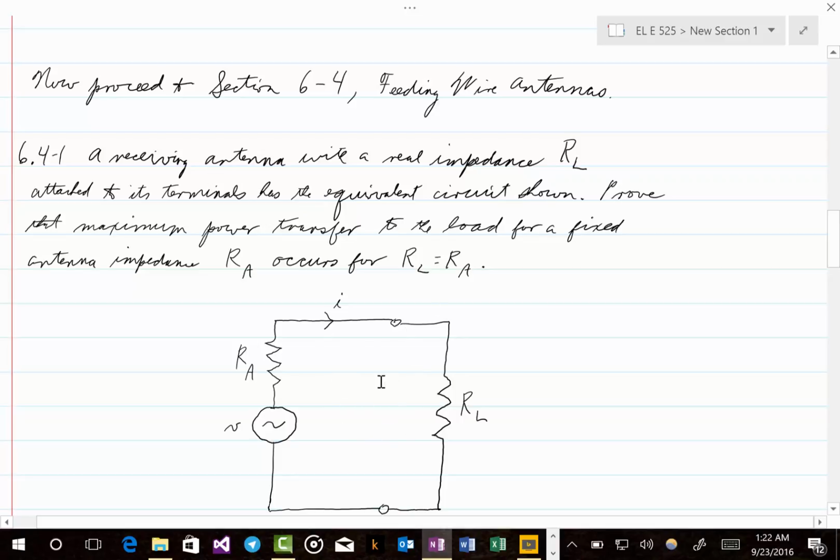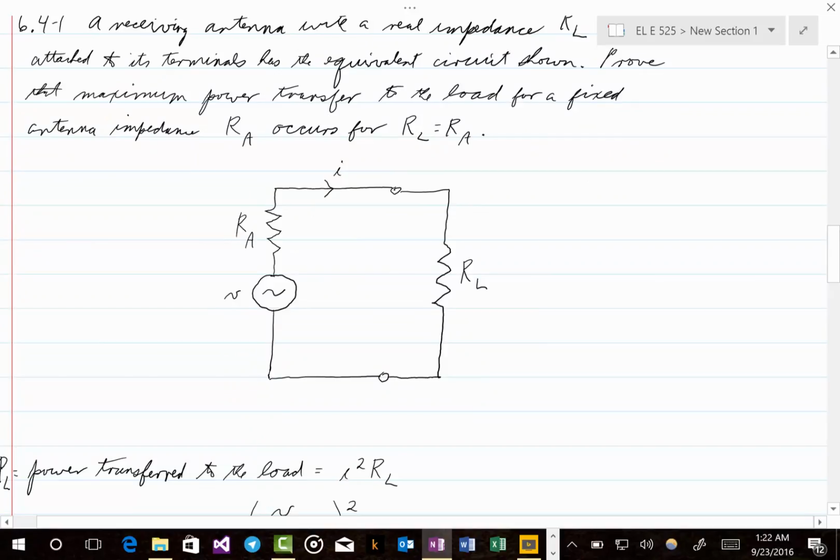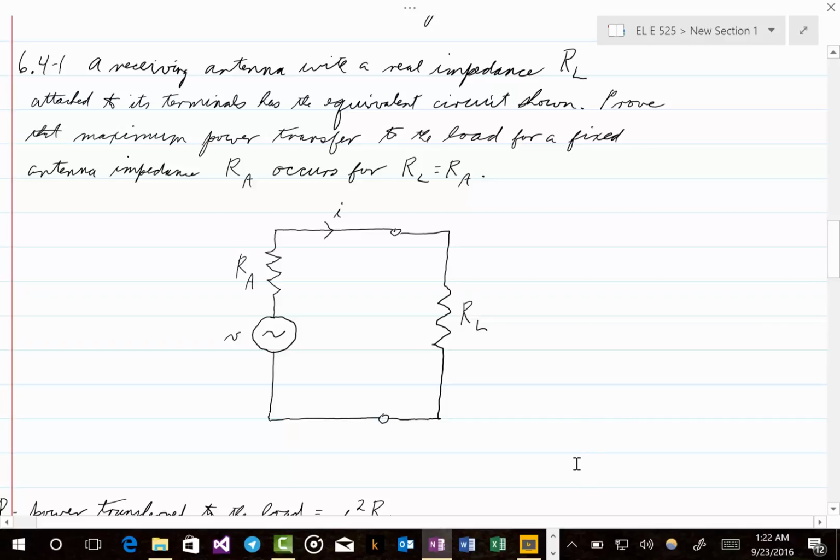And right down here, we'll talk about it in a moment. Prove that the maximum power transfer to the load for a fixed antenna impedance R sub A occurs for R sub L equals R sub A. So the idea then is here is our antenna over here on the left, and here is its impedance R sub A, and the voltage that falls across the terminals.